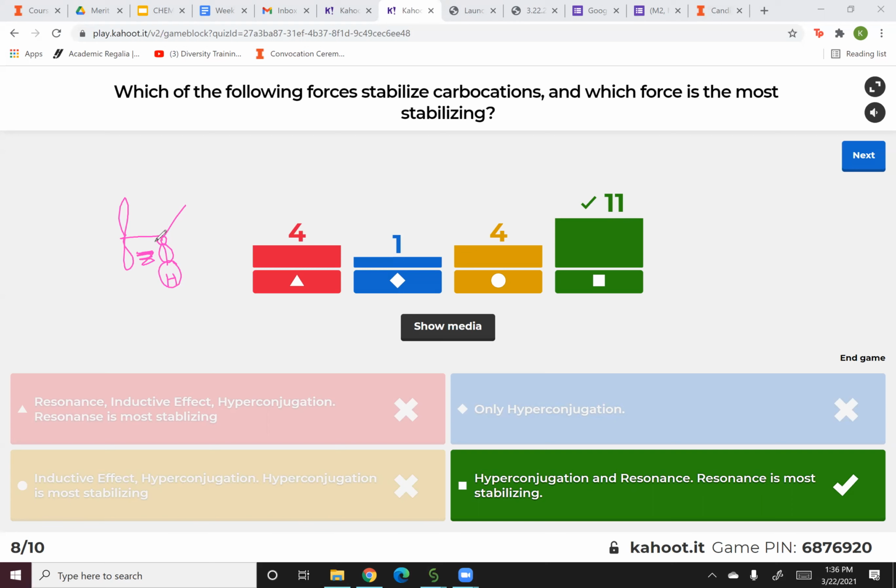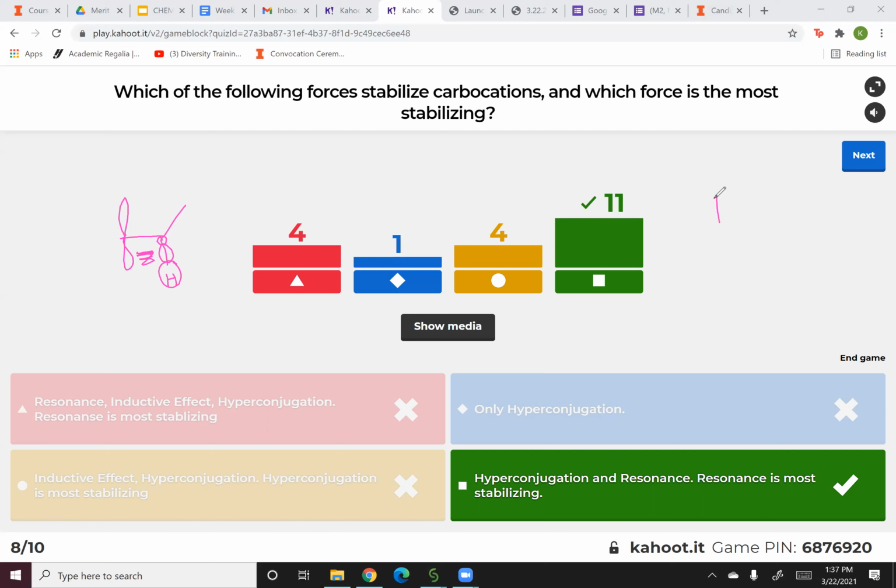Yeah, so it's based off of this idea that carbocations are electron deficient, so they want more electron density. The inductive effect pulls away electron density.